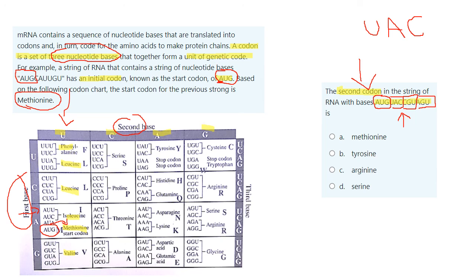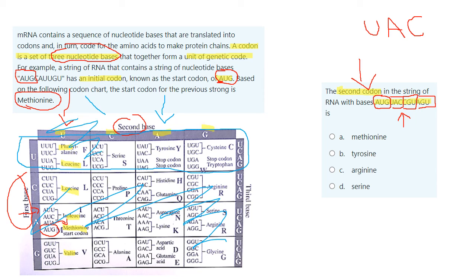UAC. Well, that means we start on the row of U. So here is our row of U. The other 3 rows we can forget about. The second one is A, so we go to the A column.